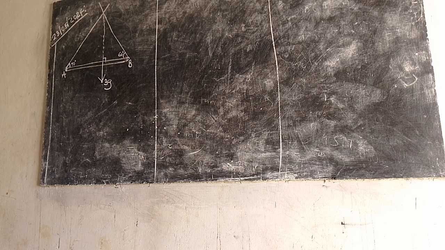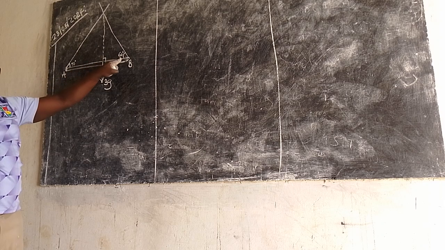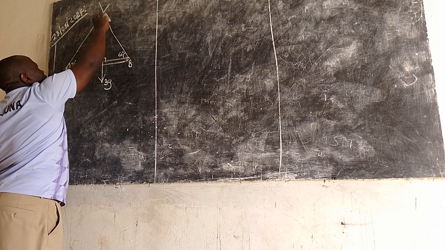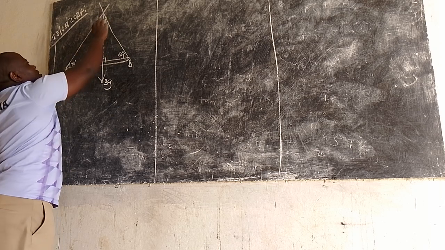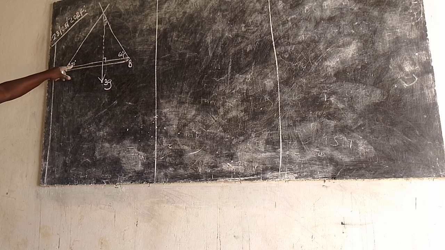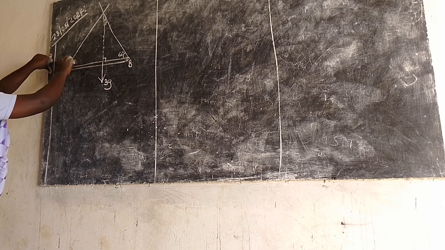Now, you and I should agree that since this is 90 and this is 60, then for it to be 180, this must be 30. Was it 45 or 40? 45. So this is 45.